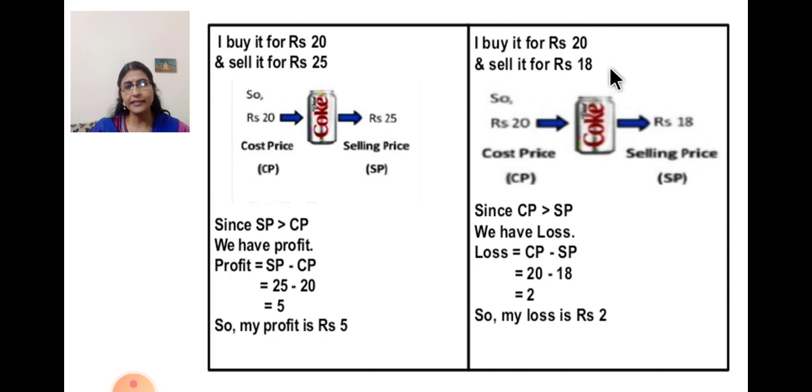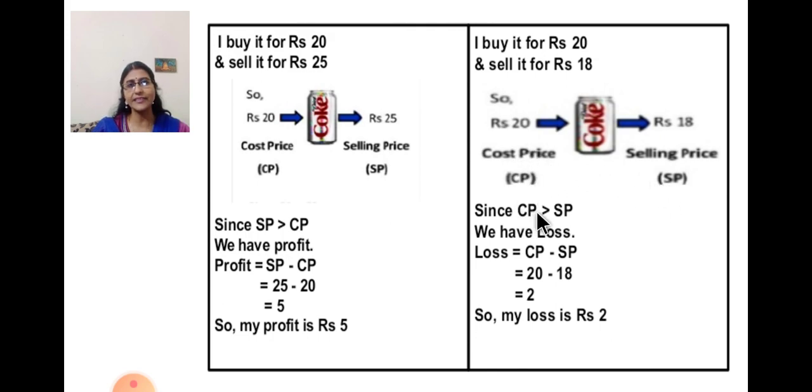Now this is another condition. If I buy it for rupees 20 and sell it for rupees 18. So you can see the number has reduced. From 20 it is 18. So here cost price will be rupees 20 and selling price will be rupees 18. Now here which one is greater? Cost price.